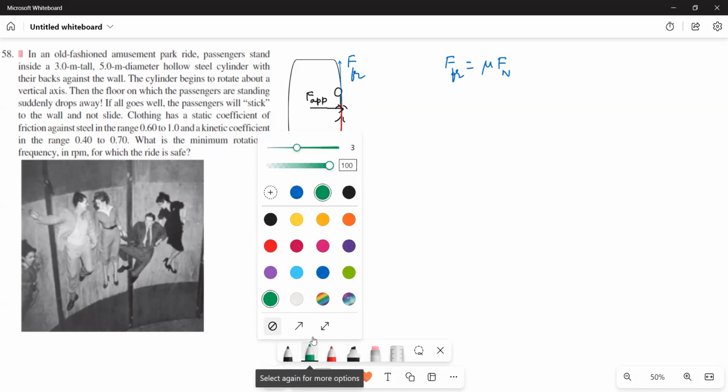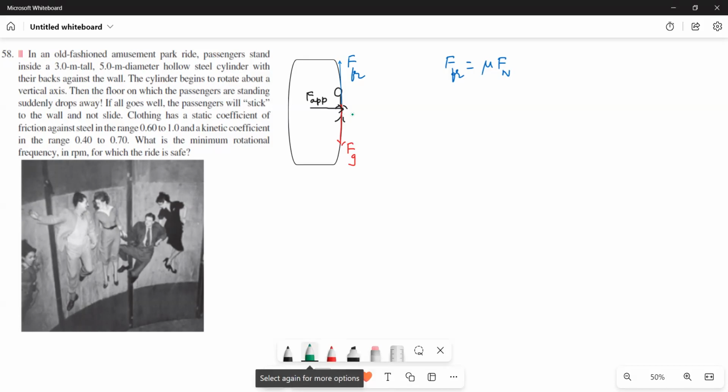That acts in the opposite direction, in this direction. This is the normal force. Now, this normal force is directed towards the center. Therefore, because it is directed towards the center, we will call Fn the F centripetal.